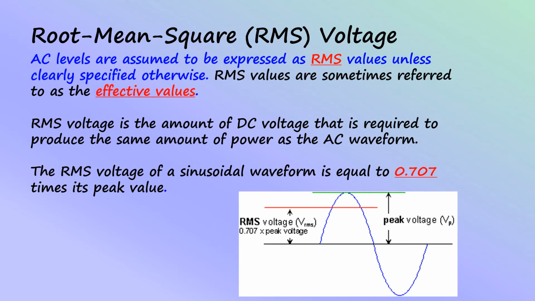RMS values are sometimes referred to as the effective values. RMS voltage is the amount of DC voltage that is required to produce the same amount of power as the AC waveform. The RMS voltage of a sinusoidal waveform is equal to 0.707 times its peak value.